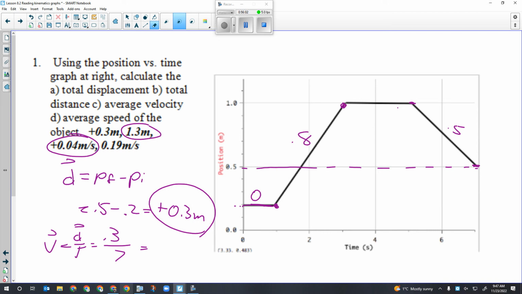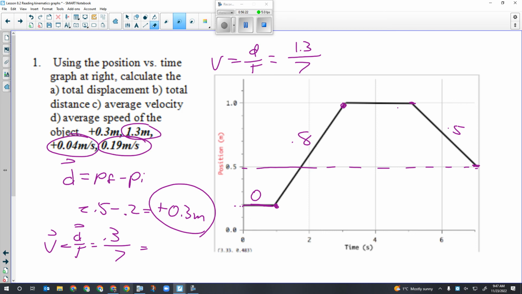And if I wanted to do the average speed, speed is total distance over total time. Again, I've done more than half the work already. My total distance is 1.3 meters divided by 7 seconds, and that should give me 0.19 meters per second.